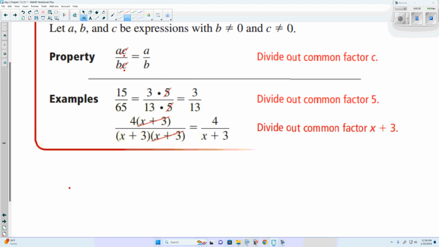Well, 15 is 3 times 5. 65 is 13 times 5. Since they have a common factor of 5 on top and bottom, we would reduce it out, leaving 3 over 13. In the other one, we have a common factor of x plus 3 on top and bottom. We would cancel it out, leaving us with 4 over x plus 3 as a simplified form.